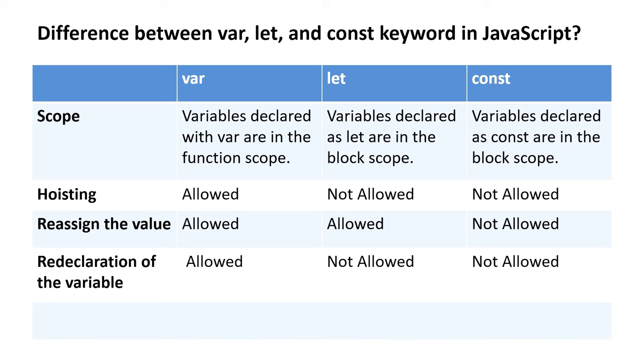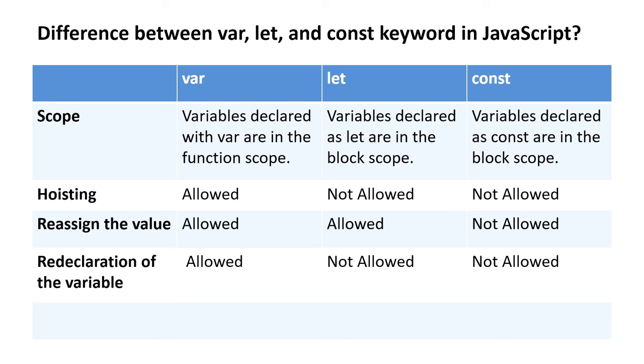What is the difference between the var, let and const keywords in JavaScript? Scope: var is declared in the global or function scope. Let is declared in the block scope. Variables declared as const are in the block scope. So const and let are block scoped and var is function scoped.